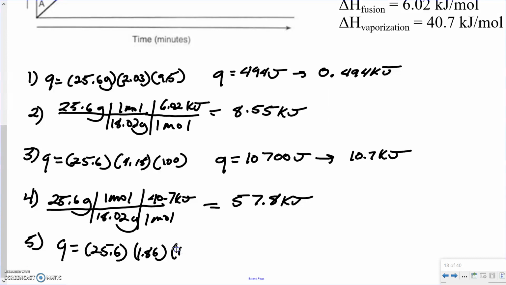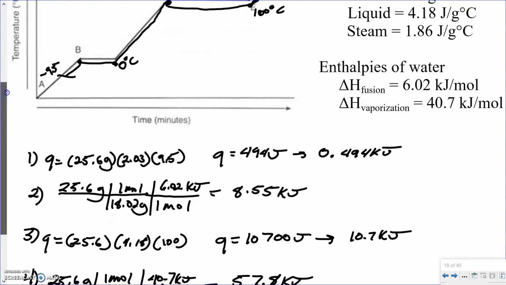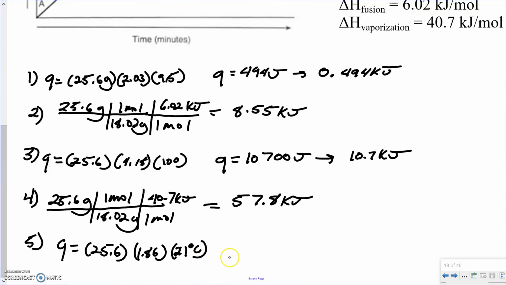But don't stress out too much about that. So 100 to 121 is 21 degrees Celsius. Okay, so we get our Q, 25.6 times 1.86 times 21 gives us basically 1,000 joules, which we'll make proper sig figs converting into kilojoules, 1.00 kilojoules.